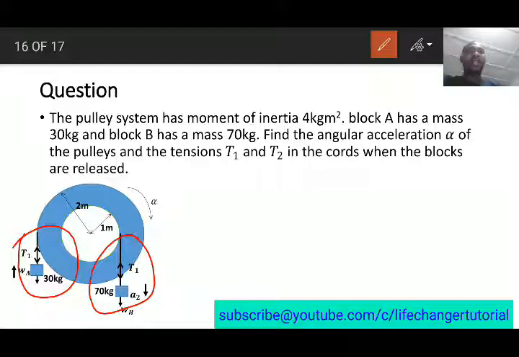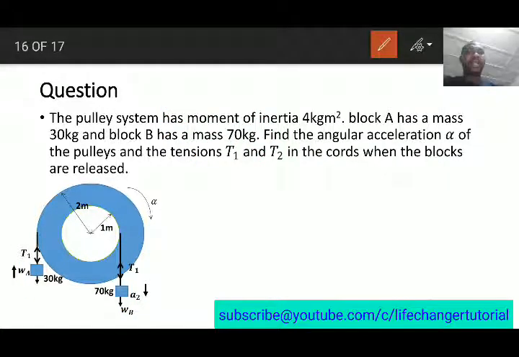Don't forget that the linear analog of torque is force, the linear analog of acceleration is angular acceleration, and the linear analog of mass is moment of inertia, or rather the rotational analog. So mass in linear is moment of inertia in rotational. Acceleration, linear acceleration, the analog is angular acceleration. Torque, the analog is force.